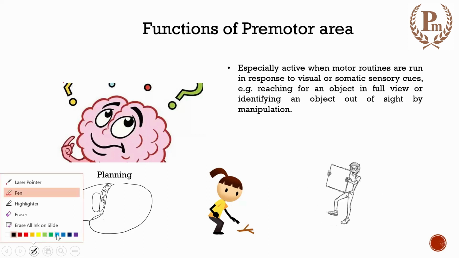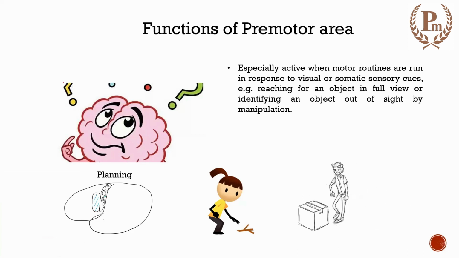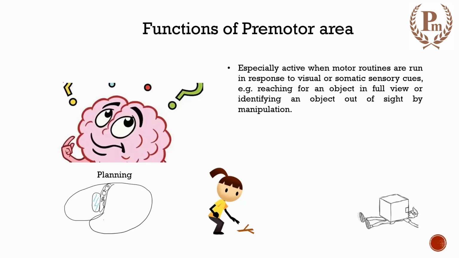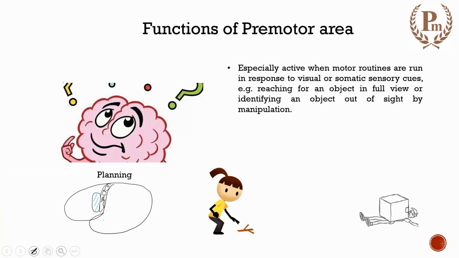Now this premotor area is involved, what is it? It is specially active when motor routines are run in response to visual or somatosensory cues. Okay, like reaching out for the object.